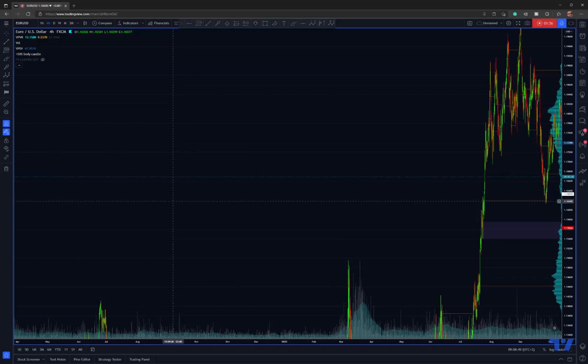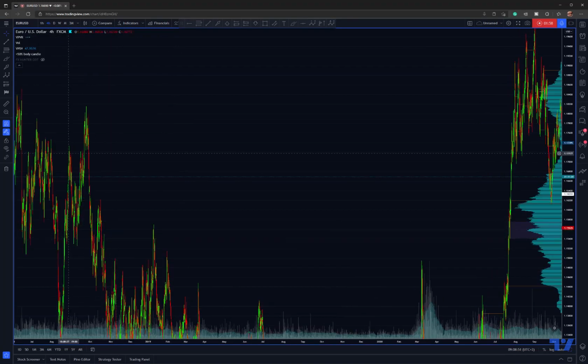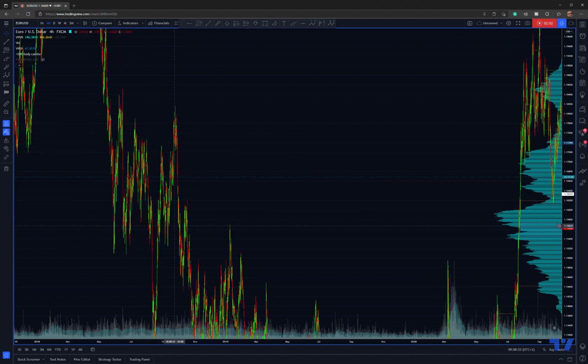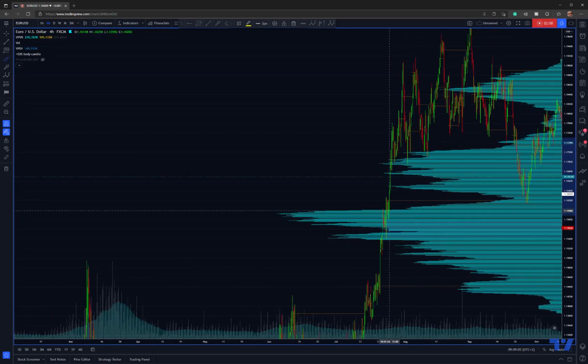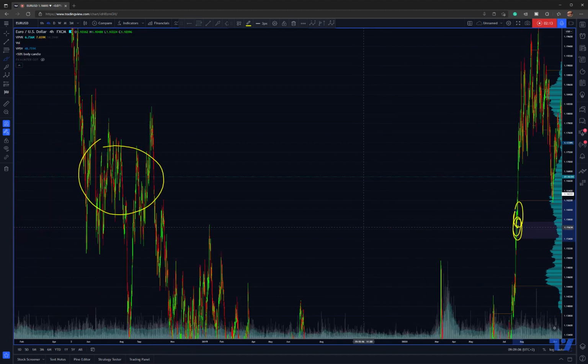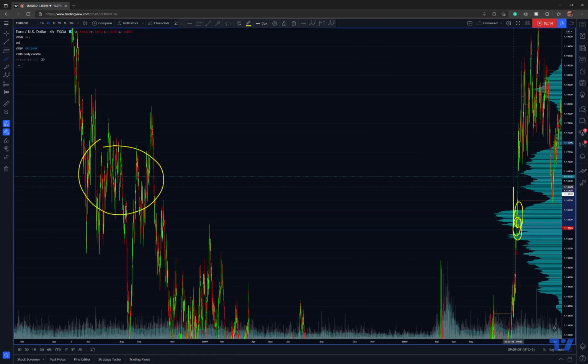This sharp move which went through all of these levels, through this previous accumulation, right? So in this small piece of accumulation, they accumulated the power which took the price over this big accumulation in here, right? That's why the level is strong.